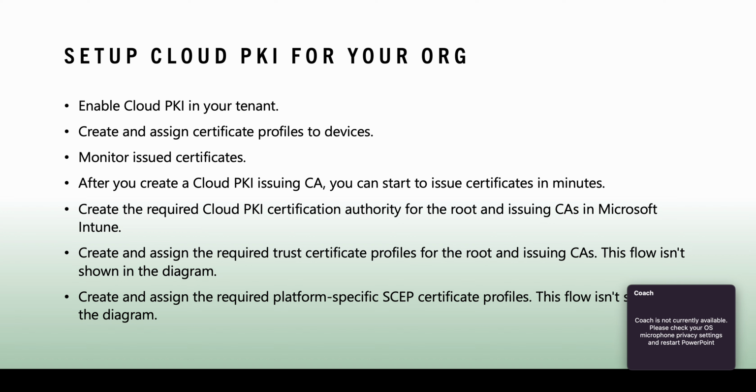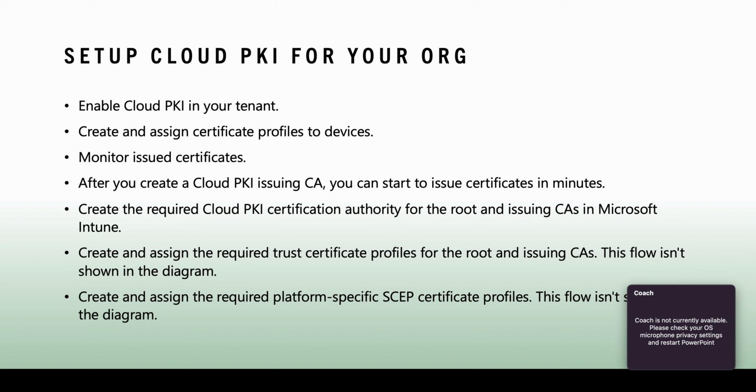For the setup, you will need the Intune Suite or the standalone add-on. Once you have that, you must have the Intune admin roles, and then you can enable Cloud PKI in your tenant, create and assign the certificate profile to your devices through Microsoft Intune, and then monitor the issued certificates.